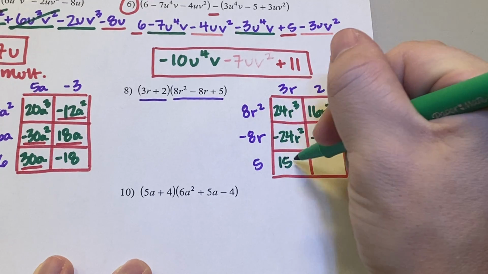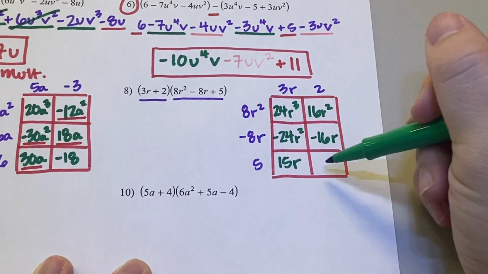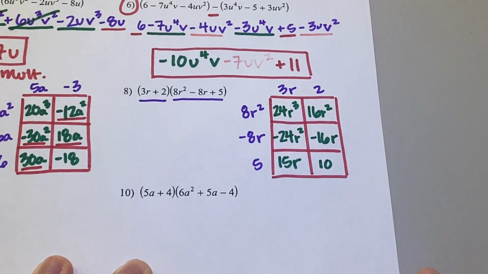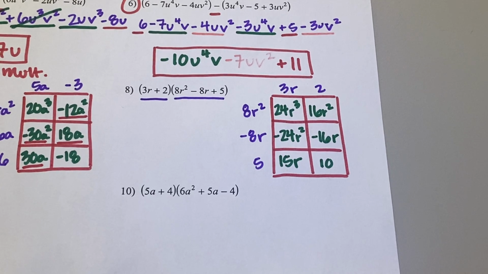Nice. Yes. 15r. And then 2 times 5. 10. Thank you. You guys are like, what? Where'd the 10 come from?